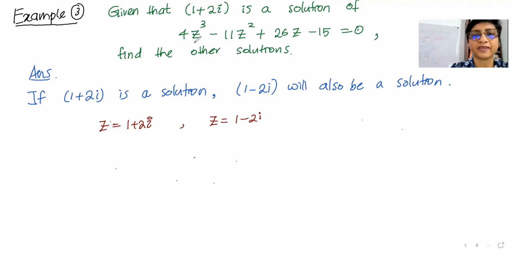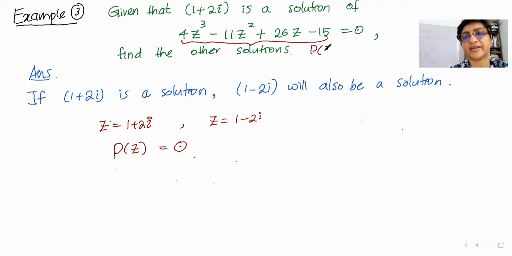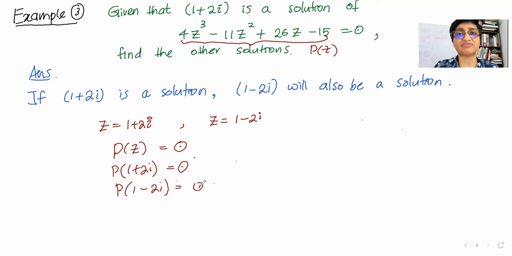So if I write this polynomial equation as P of z equal to 0, where I call this P of z, then if I substitute 1 plus 2i in it, it will be equal to 0. Or if I substitute 1 minus 2i in it, it satisfies the equation. It fits into the equation. That's the meaning of a solution.